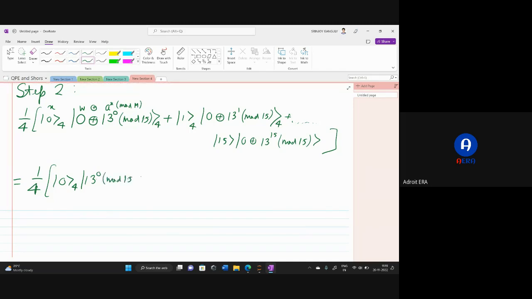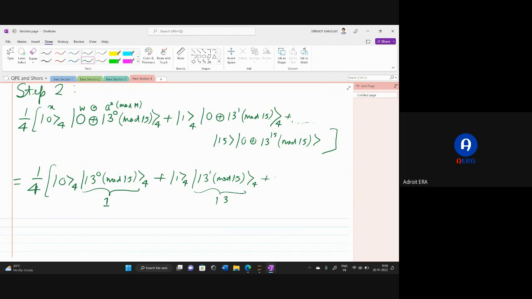We solve the XOR, and anything XORed with 0 is that value itself, as we know. So we get this value, and 13 to the power 0 mod 15 is 1. Then plus ket 1, then again 13 to the power 1 mod 15, and this value is 13.